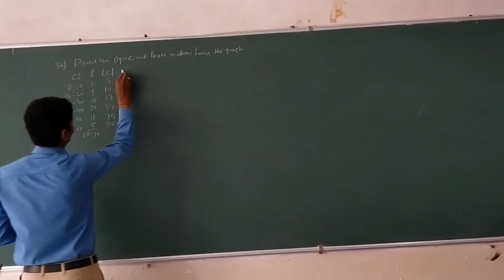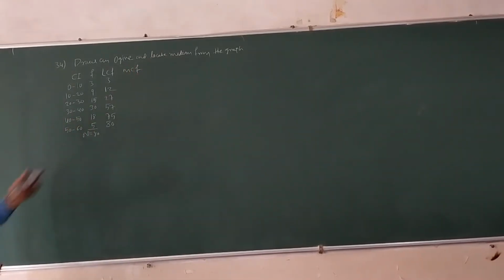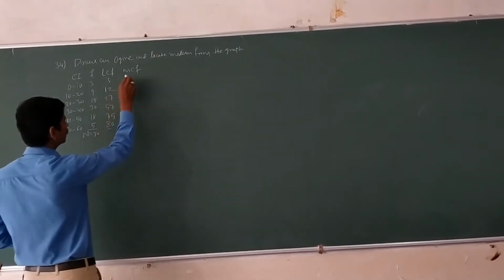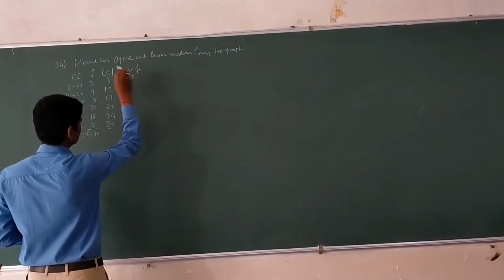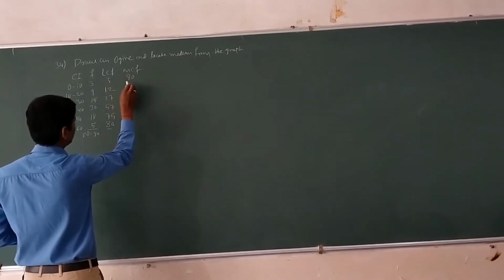Next, how to find the MCF values, more than cumulative frequencies. In LCF, the highest value is 80. In MCF, the first term is 80, the highest. MCF first term is 80 minus the LCF first term: 80 minus 3 is 77.